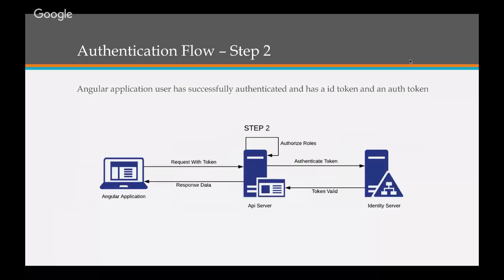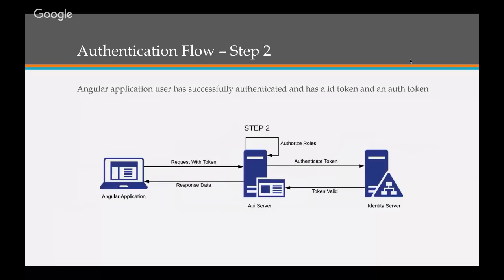Every request now is being sent with that bearer token from the Angular app back to the API server. The API server will check to make sure that you have the roles that it needs, right? If you're in the correct role, you can pass to the next check, which is send it over to the identity server, and the identity server will validate the token itself to make sure nobody's tampered with it.